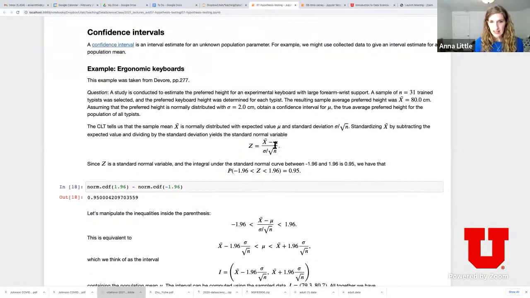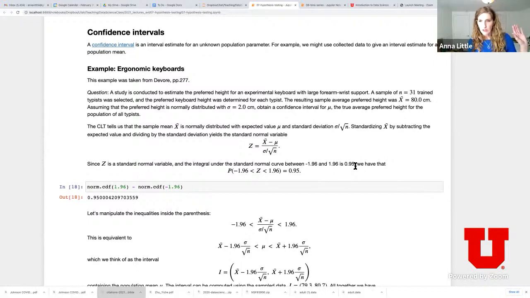Now, we don't know mu, but bear with me for a second. Since z is a standard normal variable, what do we expect? We expect the integral under the standard normal curve between minus 1.96 and 1.96 to be 0.95.